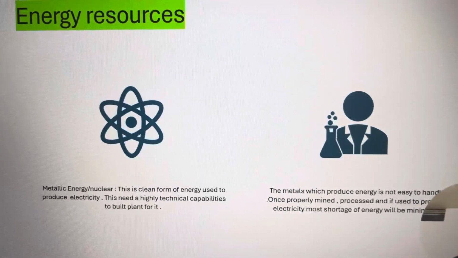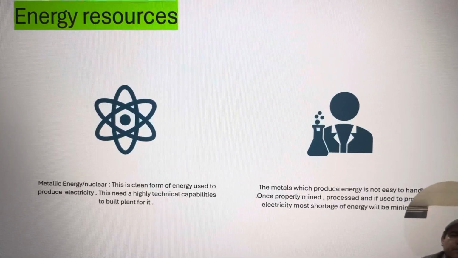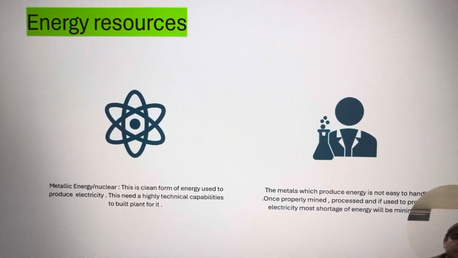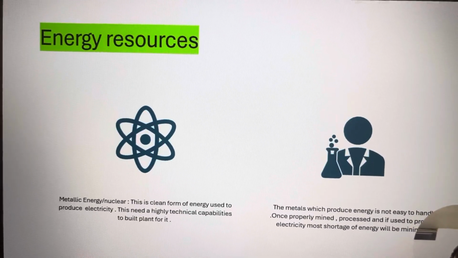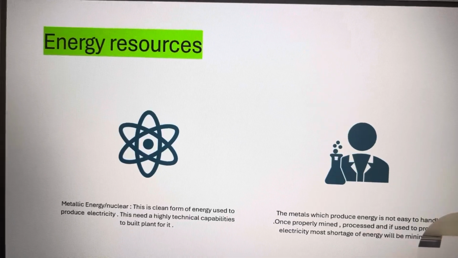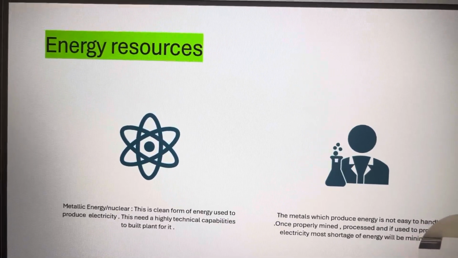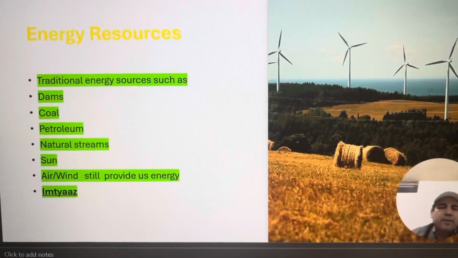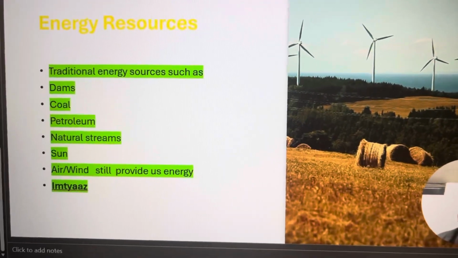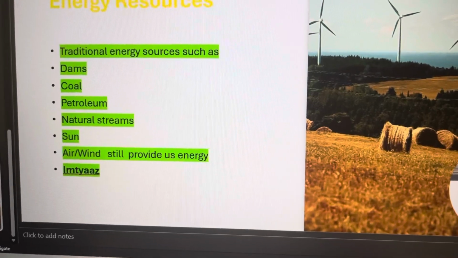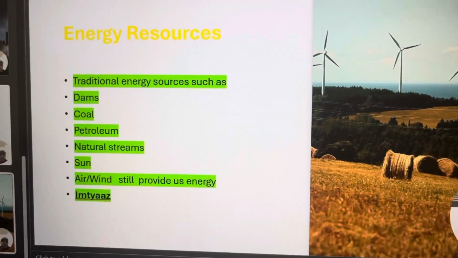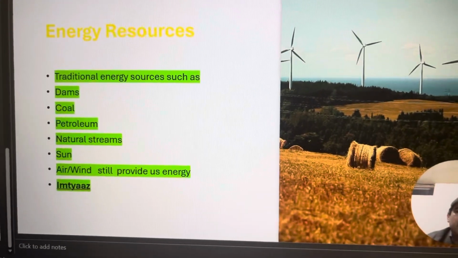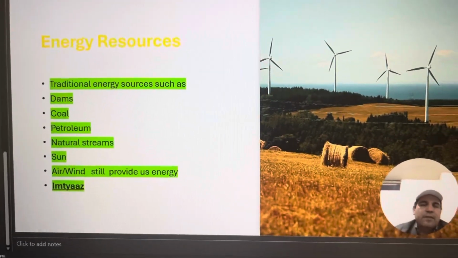But the installation of the plant, the safety and everything is not easy. Still, it's a good source of energy. We are still using traditional energy sources such as dams, coal, petroleum, natural streams, sun, air and wind. These are still the main sources of energy.